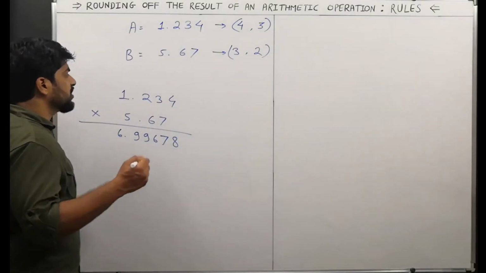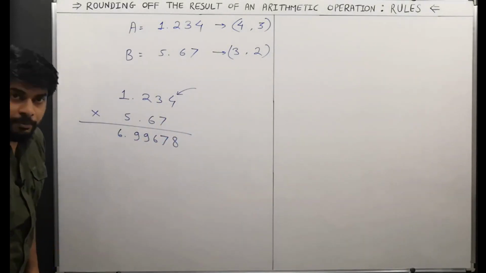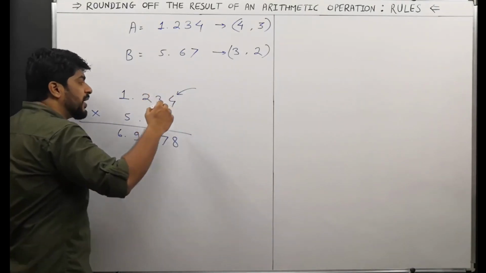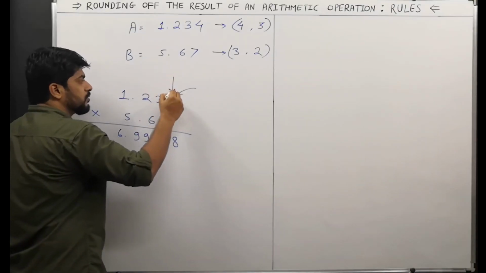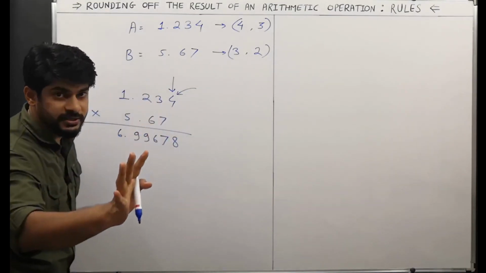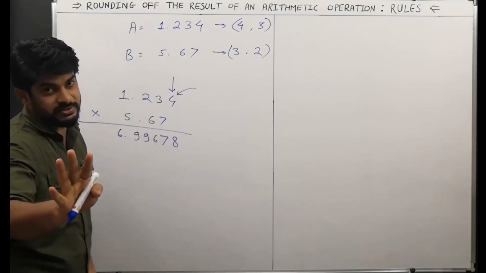You can see that this number 1.234 has been measured up to a resolution of the 3rd decimal place.